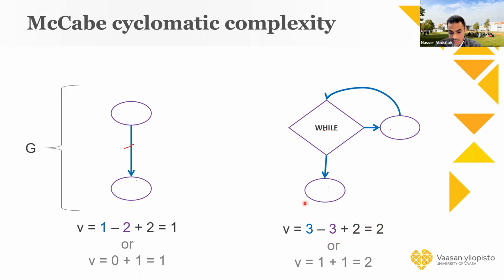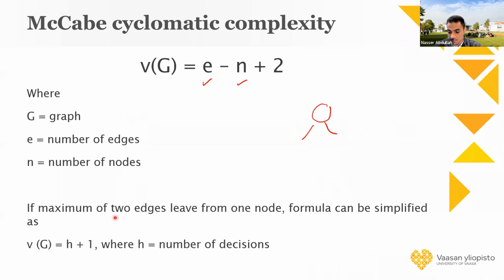If we use the second formula, which is the number of branches, how many decisions do we have here? We have only one decision node, and two edges come from this node. So it meets our requirement, as we said, that the maximum is 2 edges leaving one node.